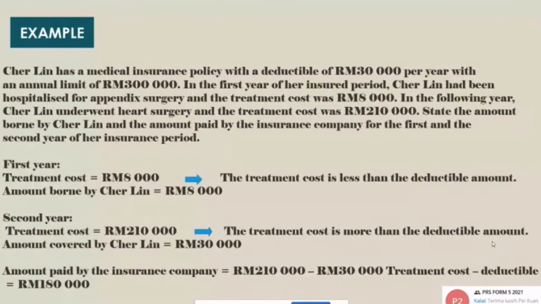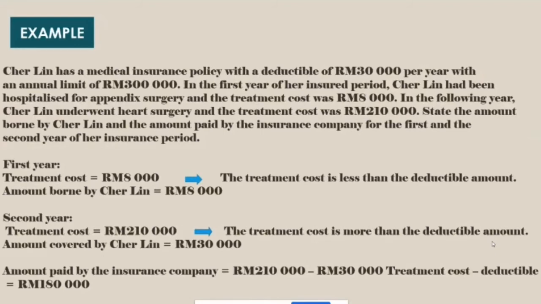These are the examples of insurance. Sherlins has a medical insurance policy with a deductible of 30,000 ringgit per year with an annual limit of 300,000 ringgit. In the first year of her insured period, Sherlins was hospitalized for appendix surgery and the treatment cost was 8,000 ringgit.